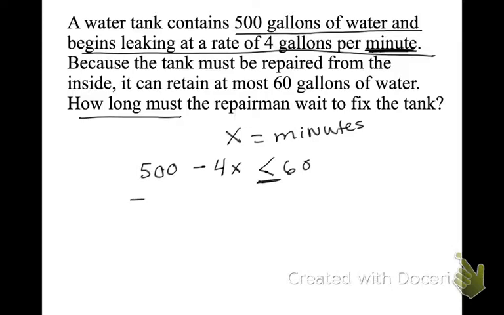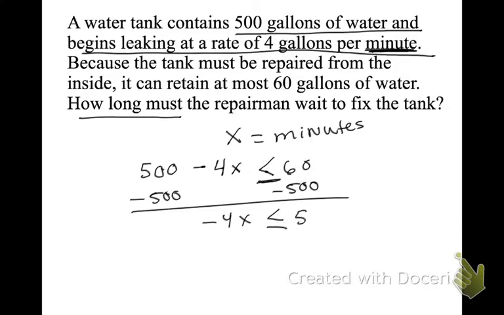So now I'm doing minus 500, minus 500. I think this is going to be a pretty number. 4x, oh my gosh, 560. Nope, it's not 560. It's 500 minus 60, so it'd be 540, right? So I'm dividing by -4, dividing by -4.